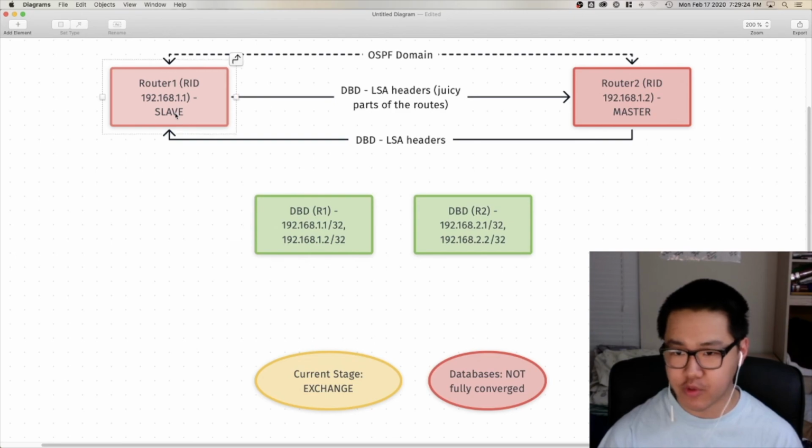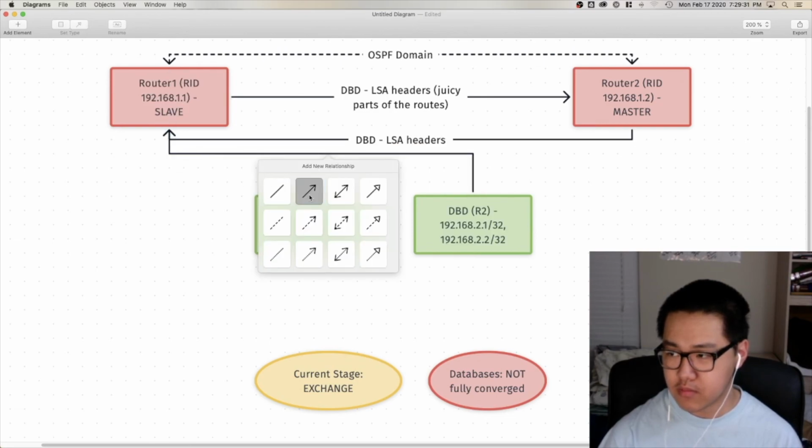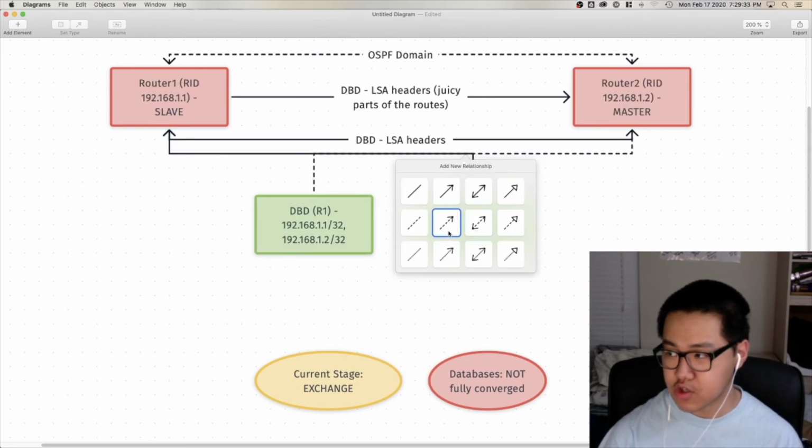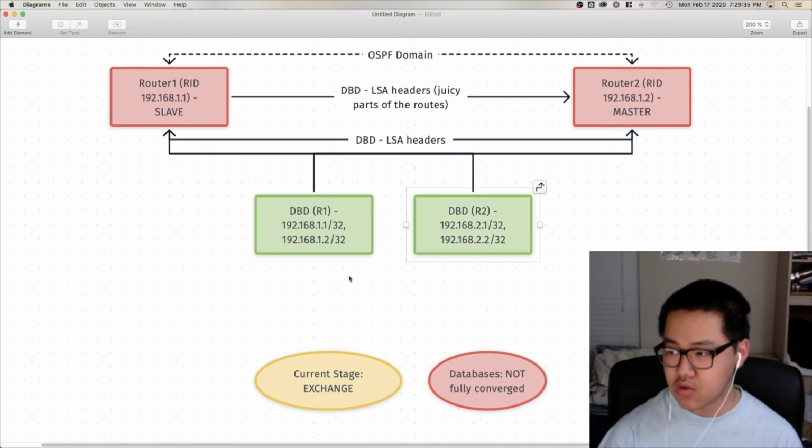But these routers will soon realize that, because in the exchange state, R2's DBD goes to R1, and R1's DBD goes to R2. Cool. So now these guys have DBDs they can examine. DBD, by the way, as a reminder, stands for database descriptors.